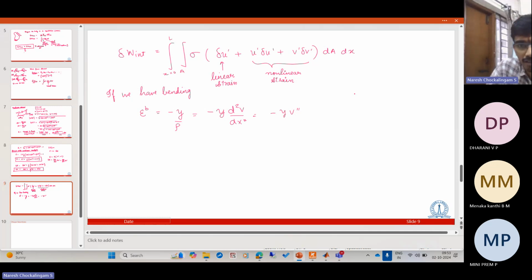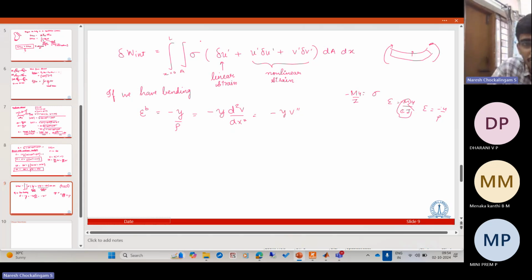So if you see, moment is, stress is My by I, and strain is My by EI, and this M by EI is the curvature. So you get strain as some minus y by rho, assuming sagging moments as positive and all the usual convention, right? y is measured upward positive, sagging moments are positive, so compression comes on the top side, so there is a minus sign. So the bending strain is this.